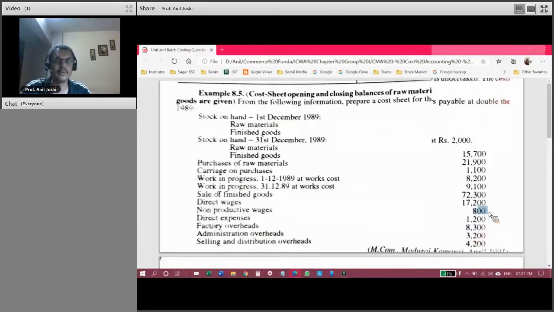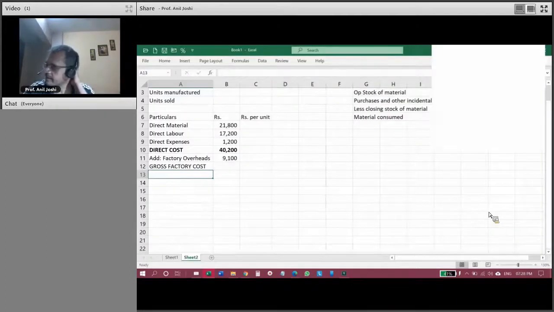Non-productive wages also will be part of your factory overheads, right? Yes. So that is your factory cost incurred in the period, and that is this plus this.